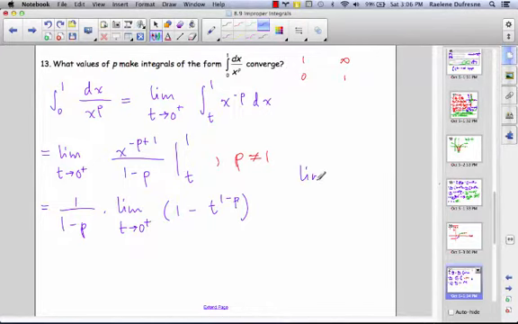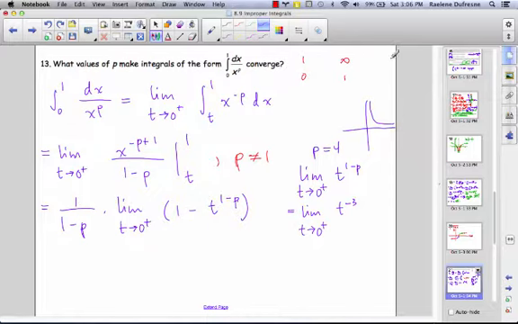And the limit, if p is equal to 4, the limit as t approaches 0 from the right of t to the 1 minus p is equal to the limit as t approaches 0 from the right of t to the negative 3, which has a shape like this. And as t approaches 0 from the right on 1 over t cubed, y approaches positive infinity.